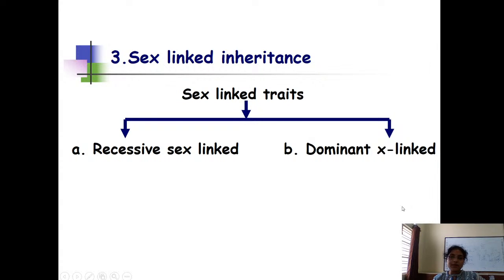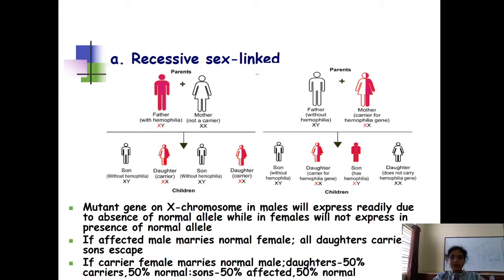Now, coming to sex-linked inheritance. Sex-linked traits are of two types: recessive sex-linked and dominant sex-linked. Recessive sex-linked: if a father is with hemophilia and a mother is not a carrier, she's normal, then you have a son without hemophilia where he gets X from mother and Y from father, and daughter will be a carrier because she gets one X from father and one X from mother.